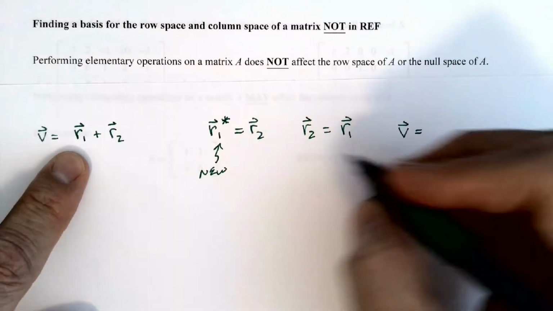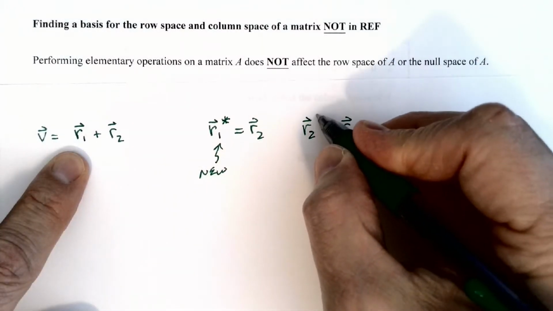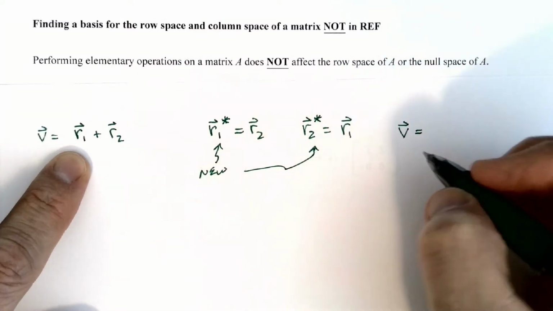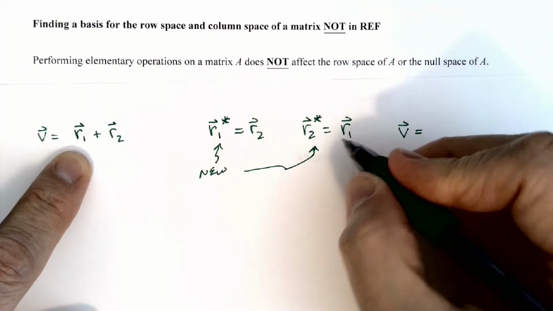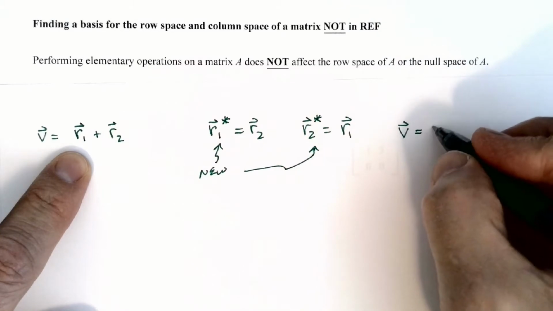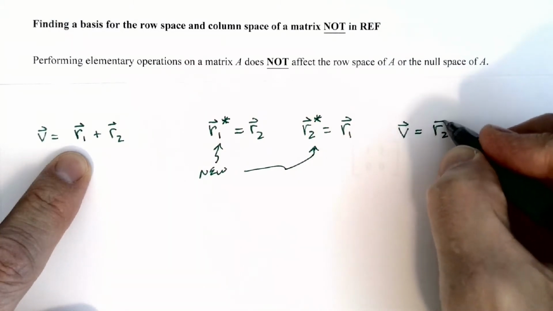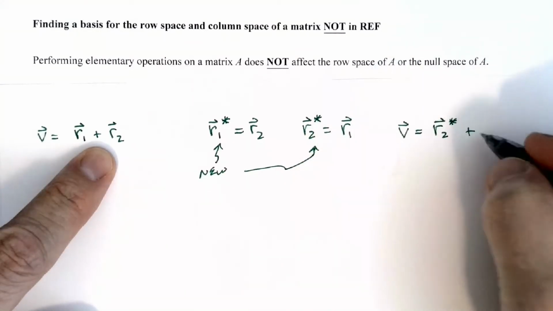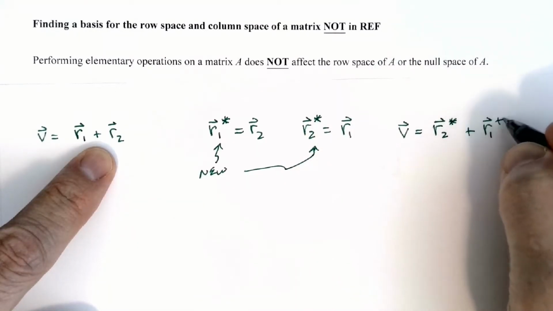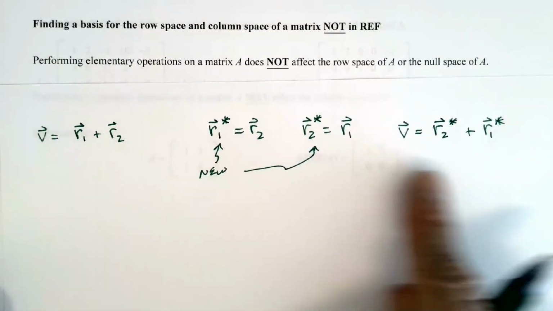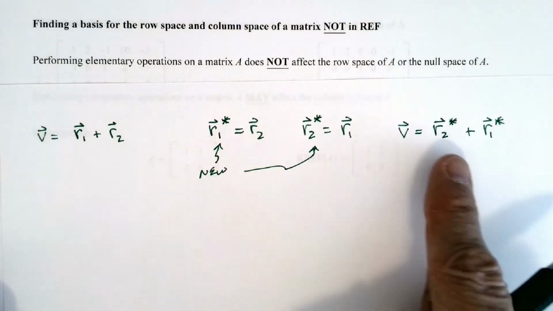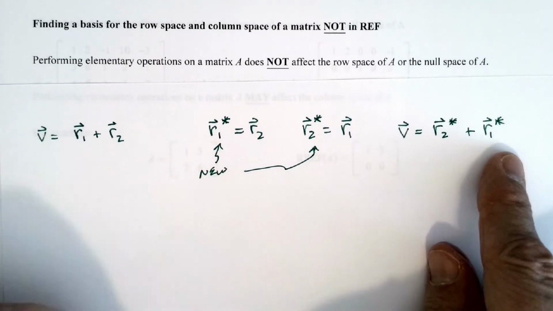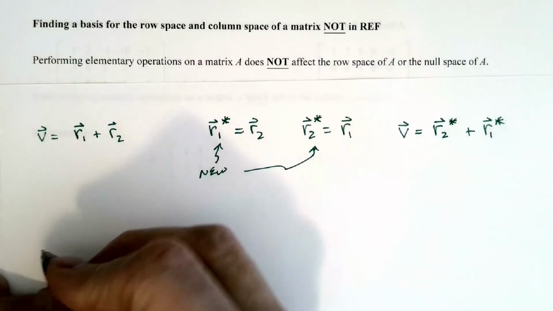It's row 1, which is the new row 2, and row 2 was the new row 1. So obviously swapping the order doesn't change anything. We can still write v as a linear combination of the rows after a row swap, okay?